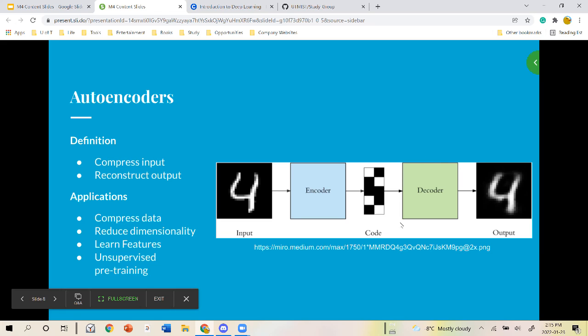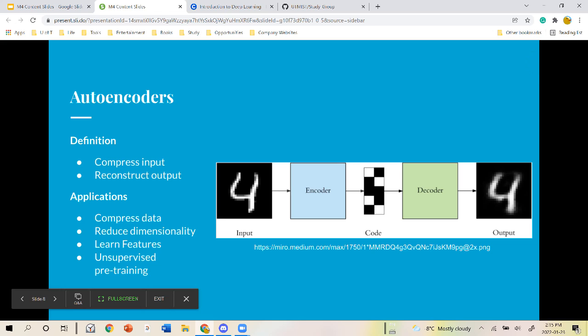And then the decoder reconstructs this code to form the output. So that's essentially what it does. I'll go into more details in the next slide, but this is the overview of how an autoencoder works.